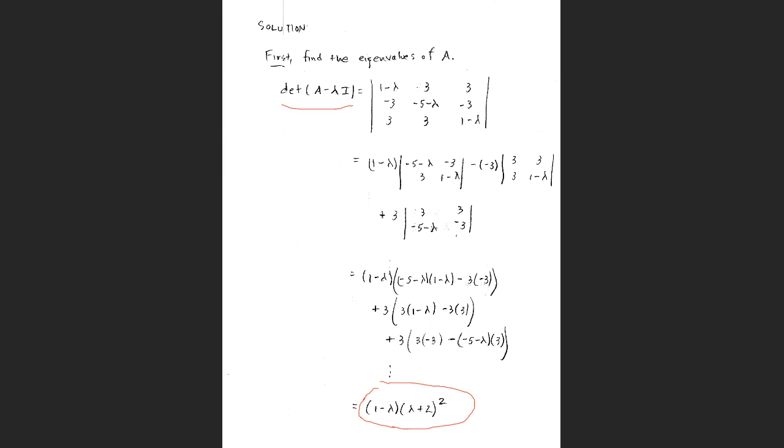And of course, you have to use cofactor expansion to work it out. And what I did was I expanded along the first row. It's difficult to use properties of determinants because you have that variable lambda involved.